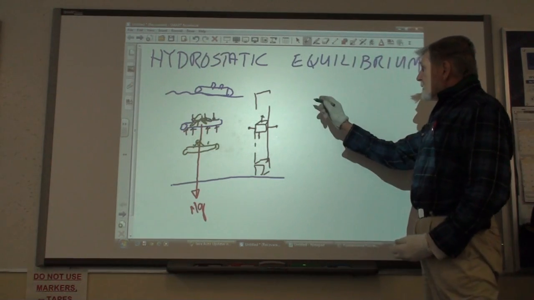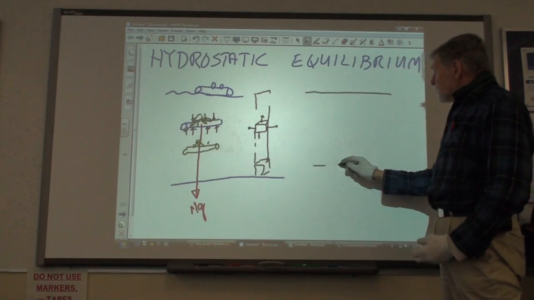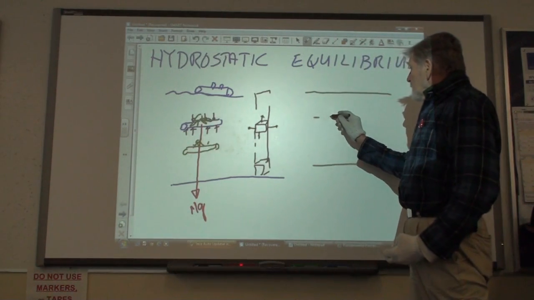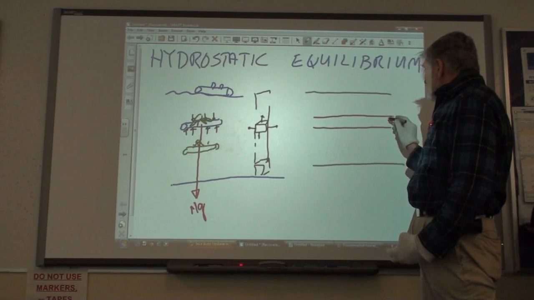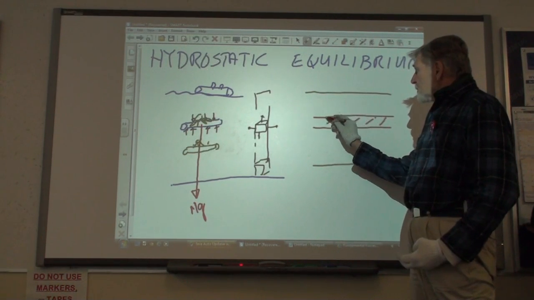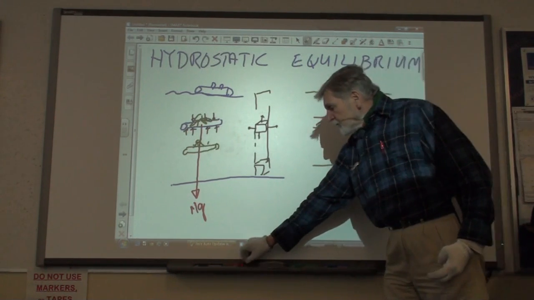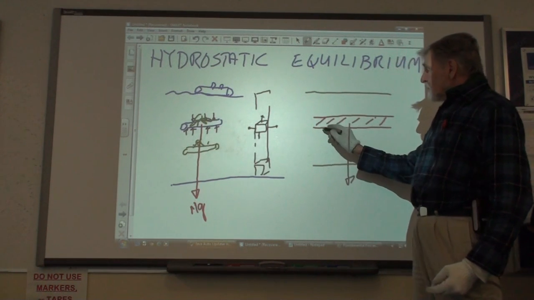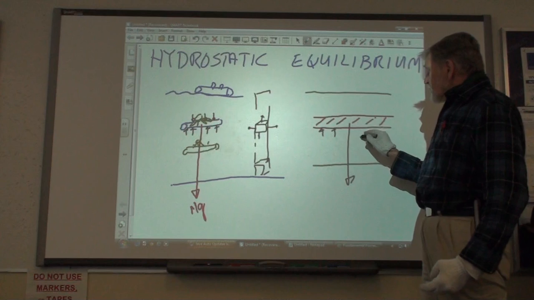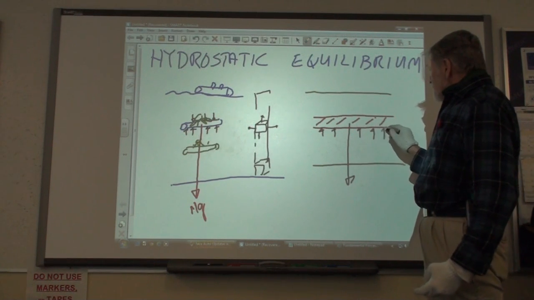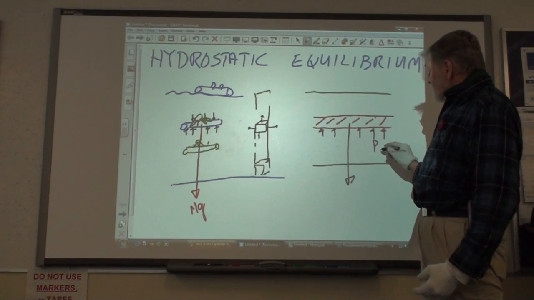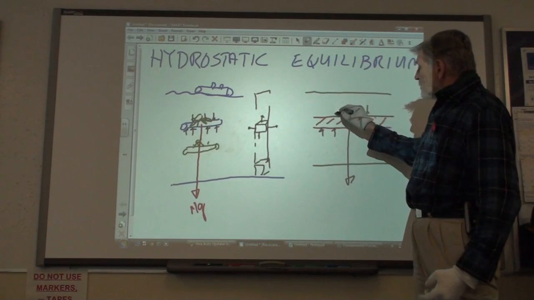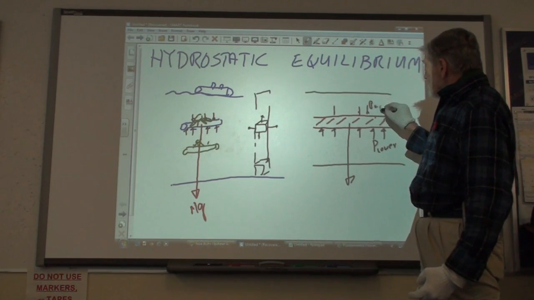Now, if we just take the log away and we go to the water itself, we can imagine a layer of water in here. And the layer of water has a certain mass. So that layer of water might want to sink to the bottom. But the water beneath it is pressing up with a certain pressure, P lower, and the water above it is pressing down with a certain pressure, P upper.